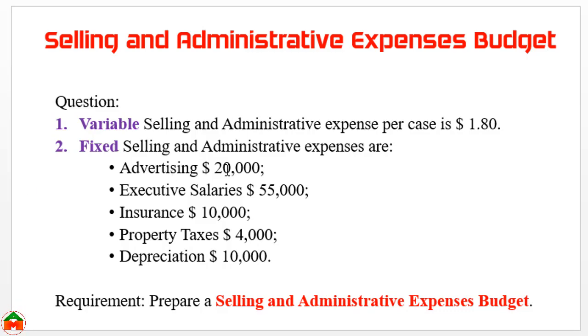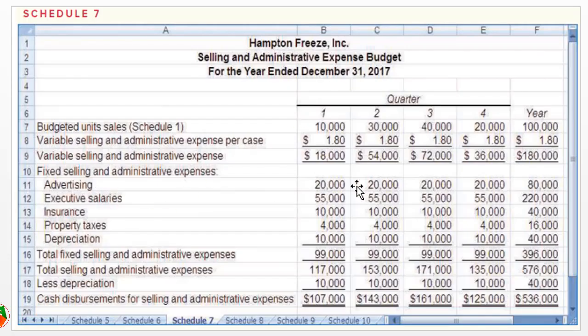Here advertising is 20,000 for each quarter. In the same way, executive salaries 55,000 fixed for each quarter, insurance 10,000 each quarter, property taxes 4,000 for the first, second, third and fourth quarters, and depreciation 10,000 for each quarter.